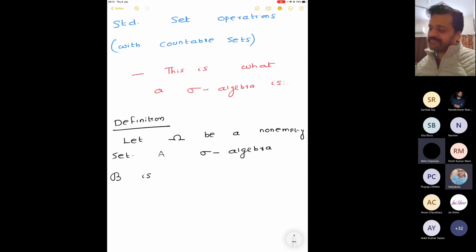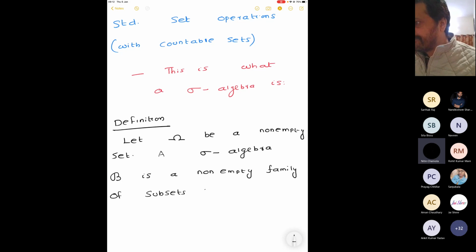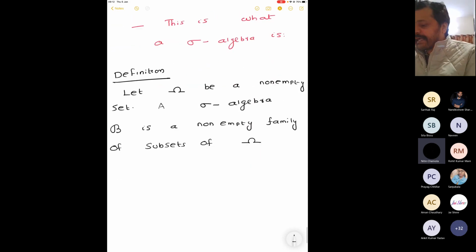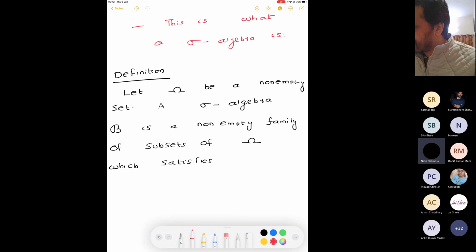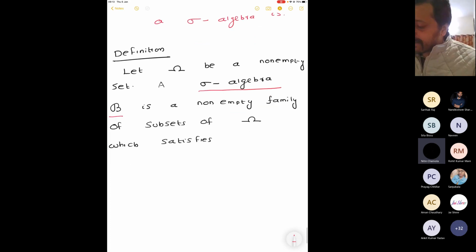So sigma always means countability. B is a non-empty family of subsets of omega which satisfies the following conditions. So I am defining a sigma algebra in precise terms.